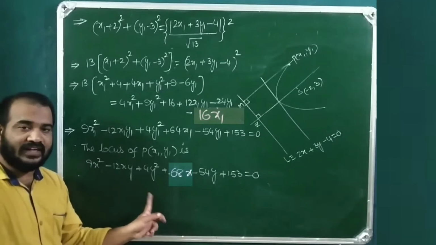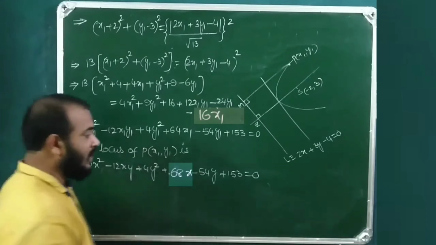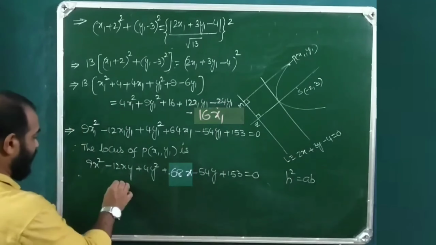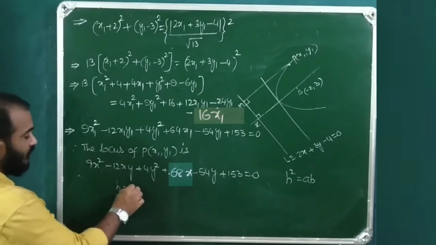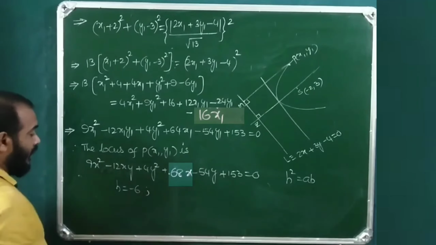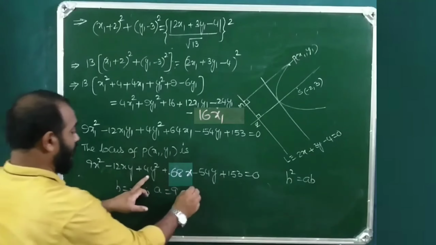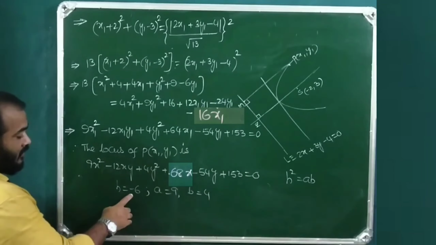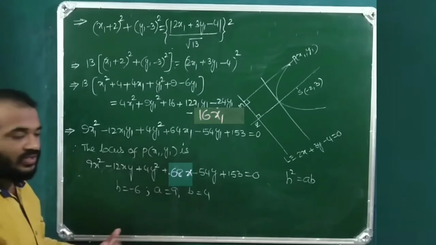The condition for it to represent a parabola is h square equals ab. Here 2h = -12, so h = -6; a is the coefficient of x square, 9, and b is the coefficient of y square, 4. So h square, (-6) whole square, is 36, and 9 fours are 36. 36 equals 36.